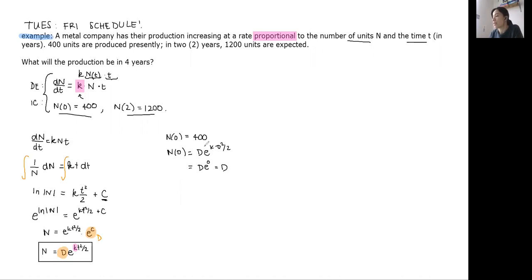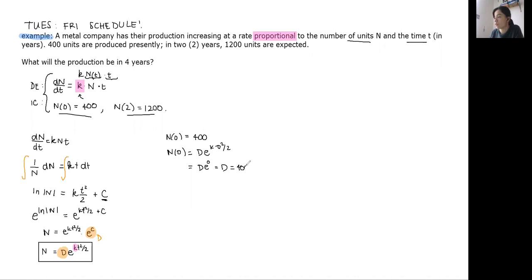right? Now remember, at this point, I haven't done anything. I've just plugged this into the expression that I already know gives me the production for each of the years. And I found that at the year 0, the production is going to be equal to d. Now what I'm trying to do is find the value of d, and I'm lucky enough that I was told that after 0 years, the production was equal to 400. So this means that I can set this to be equal to 400.